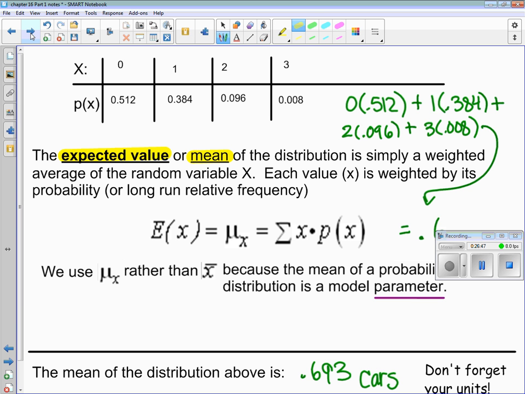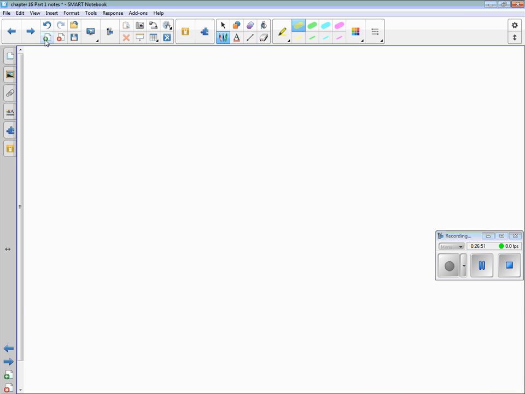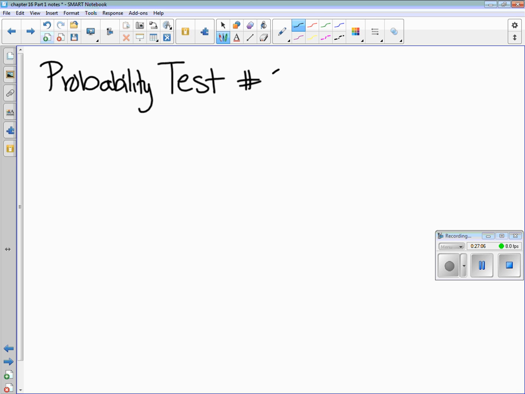Okay? All right. So let's talk about what's going to be on this test, shall we? If you want to go ahead and take out your notes, this is part I would write down if I were you. What is going to be on Wednesday's test? We're going to call it the probability test number 1. Because you will have another probability test that will cover normal distributions, binomial, and combining random variables.